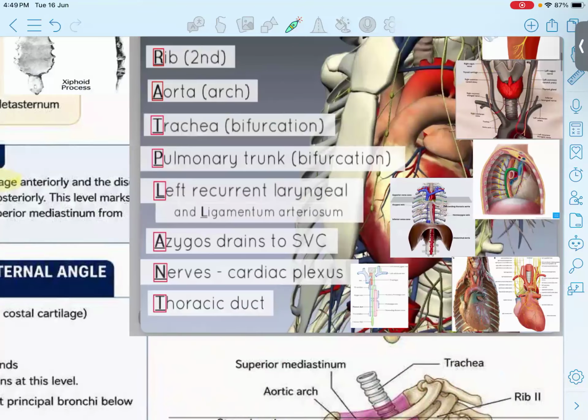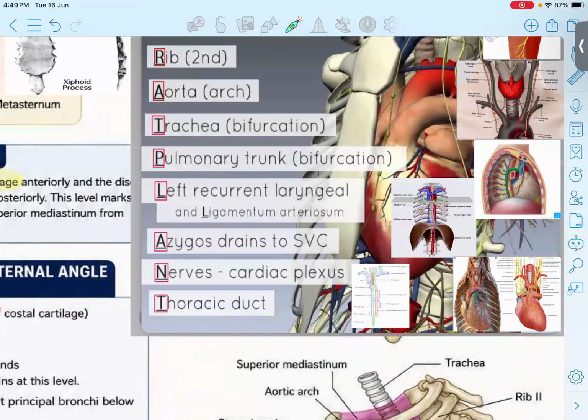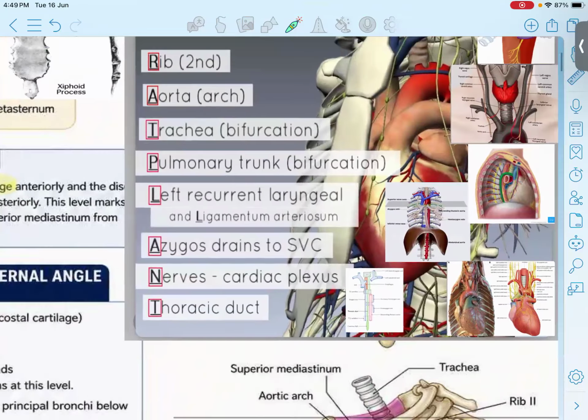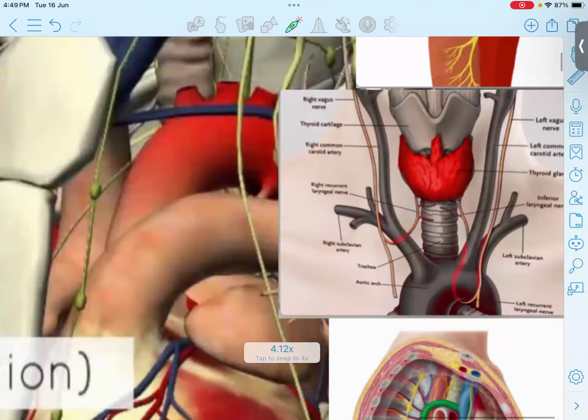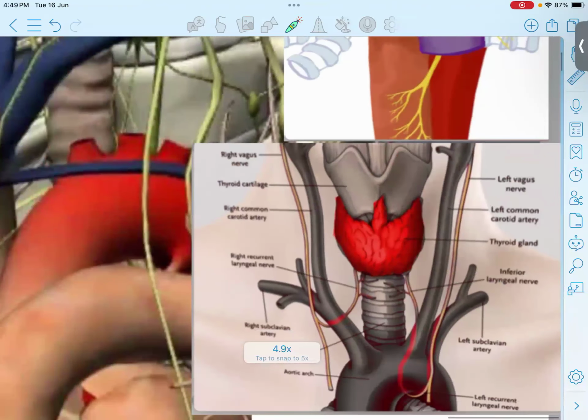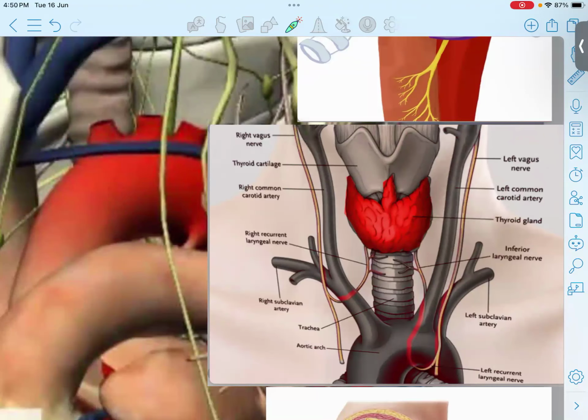And then the left recurrent laryngeal nerve. See this image. Focus on this point: it is the left recurrent laryngeal nerve, not the right.